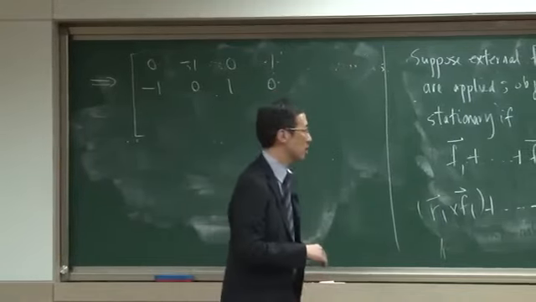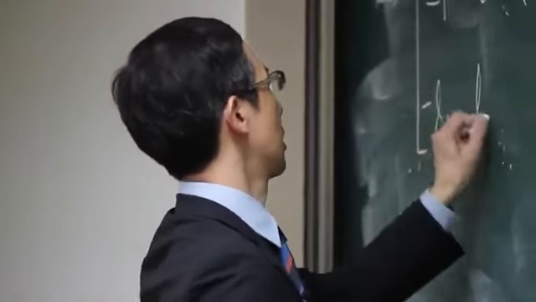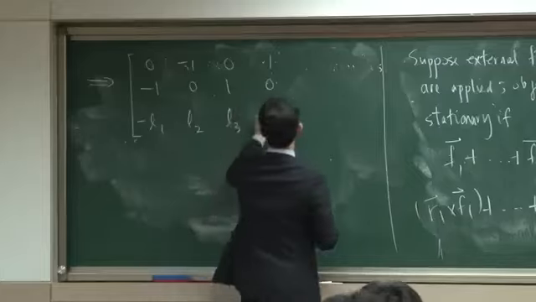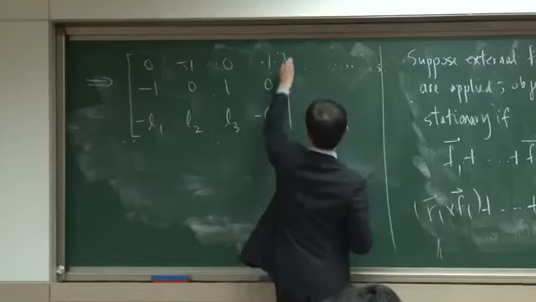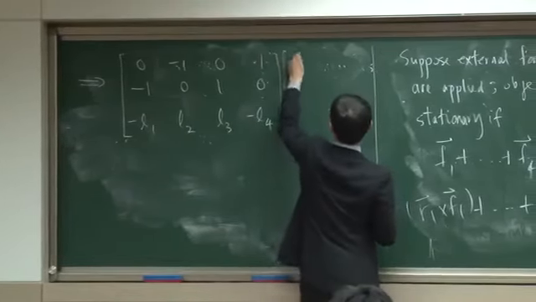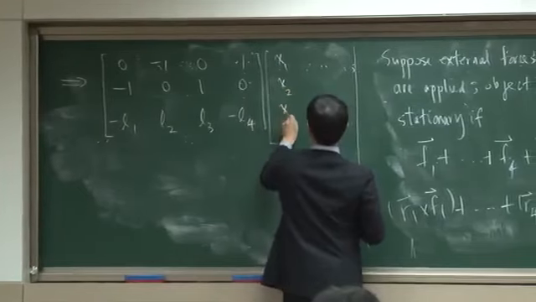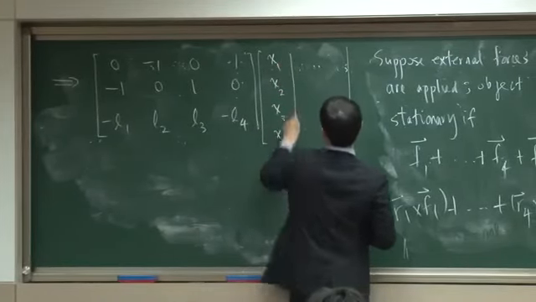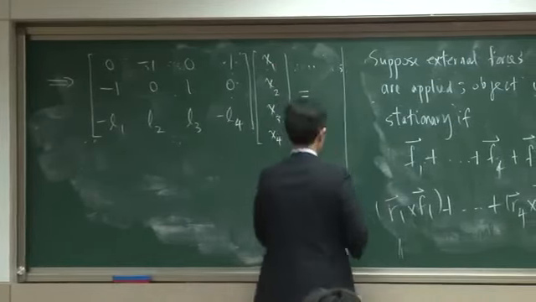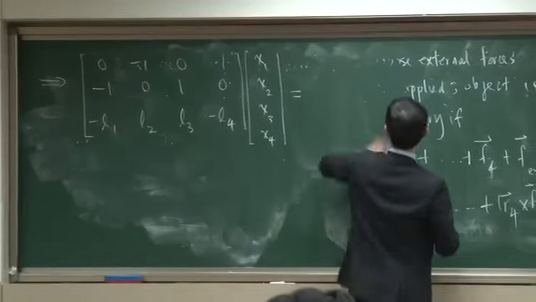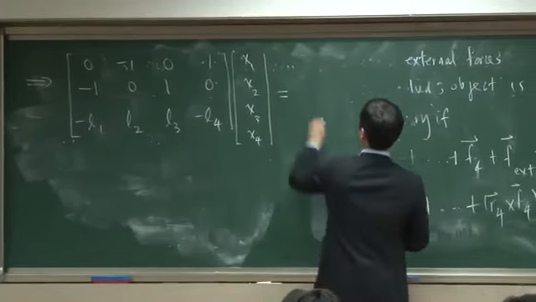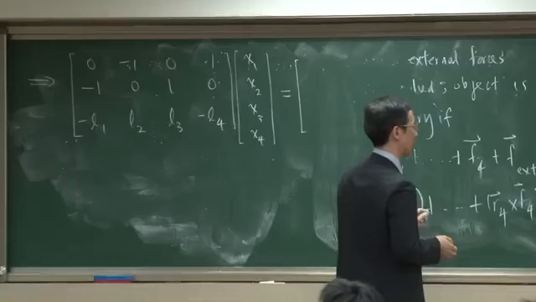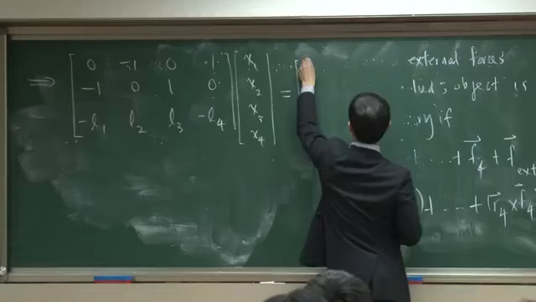And the third equation is minus plus plus minus, so it's minus L1. This times x1, x2, x3, x4 is equal to, I'm going to write this as just b1, b2, b3.